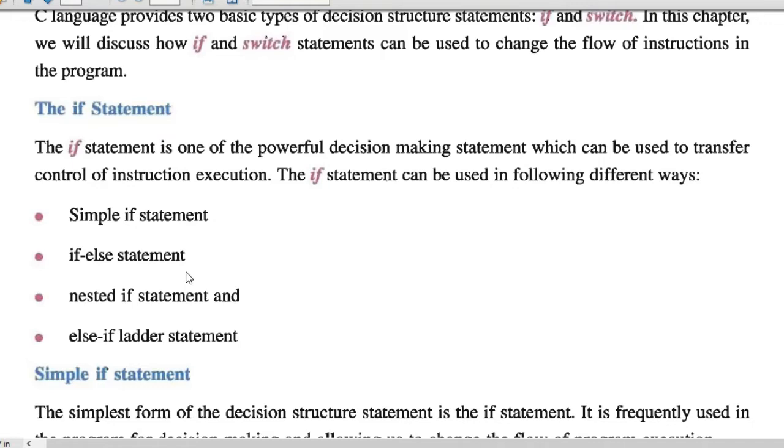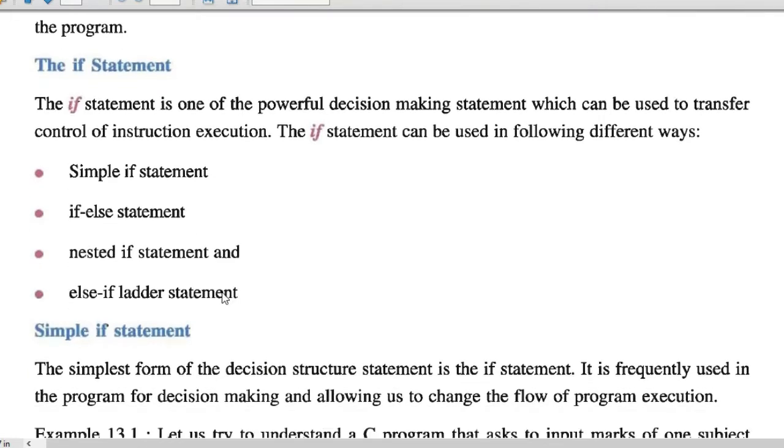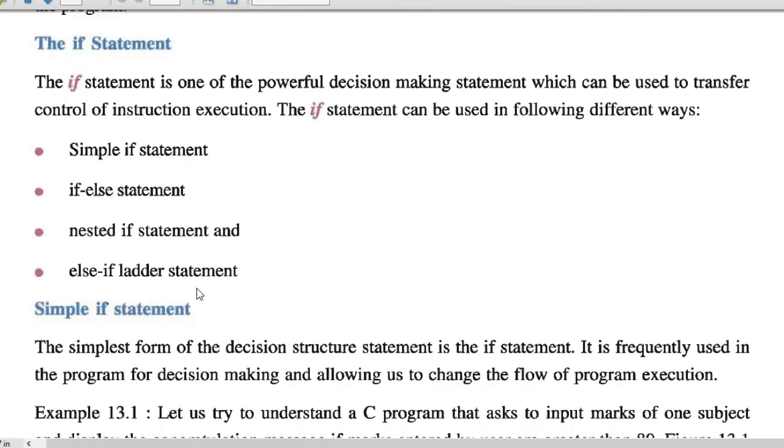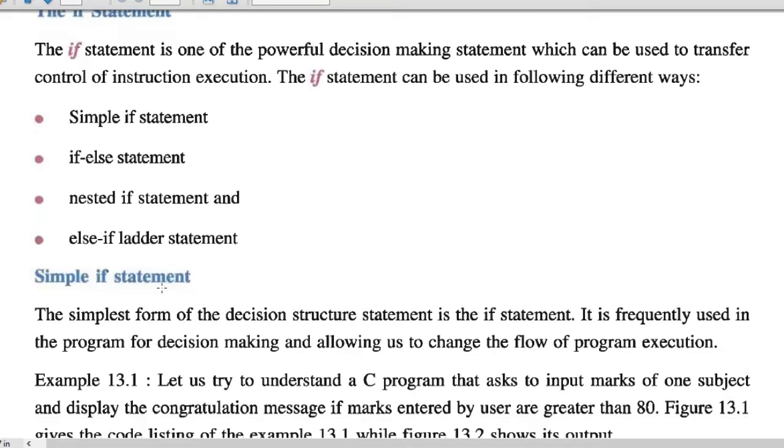When a condition becomes true, then the first part is executed, and when a condition is false, then the second part is executed. Then nested if. Nested if means there are multiple if inside one single if, that is nesting of if. Then else if ladder statement. Here we are using multiple else if statements and forming an else if ladder.